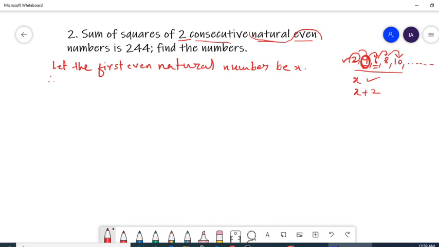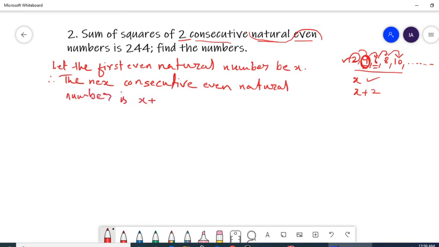In that case, the next consecutive even natural number, consecutive meaning one after the other, is x plus 2.